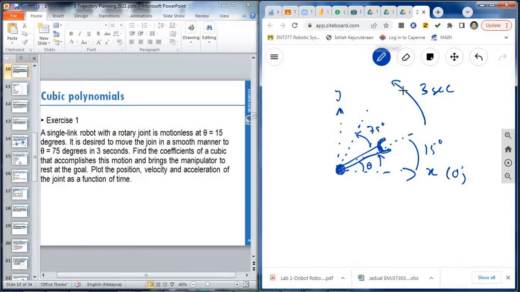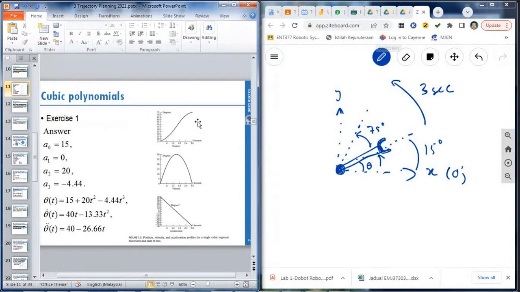You need to slow down your velocity until your robotic arm stops. This we call smooth motion. To get this type of motion, we need to use trajectory planning.